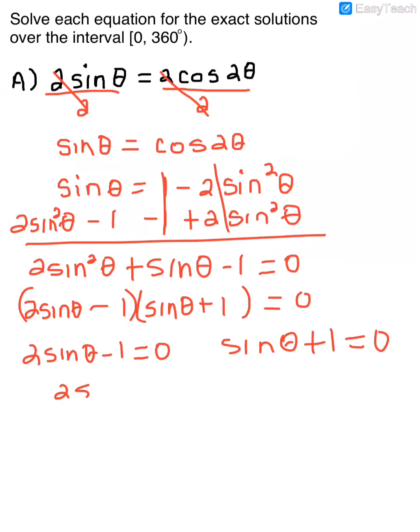All right, so that gives me 2 sine of theta equals a positive 1, divide by 2, and I get sine of theta equals 1/2. Remember, when we're trying to solve for the variable, to get that trig function off of the angle, we take the sine inverse of the angle. So we're going to take the sine inverse of both sides.